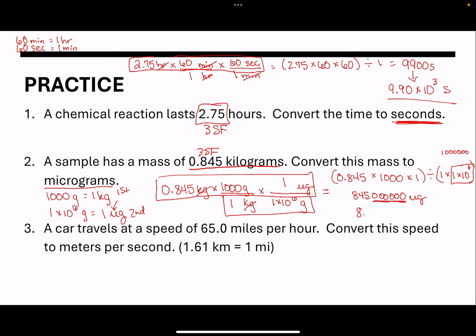We would do this by doing 8.45 times 10 to the eighth micrograms, because we go 1, 2, 3, 4, 5, 6, 7, 8 places. And so it is 8.45 times 10 to the 8 micrograms. All right.